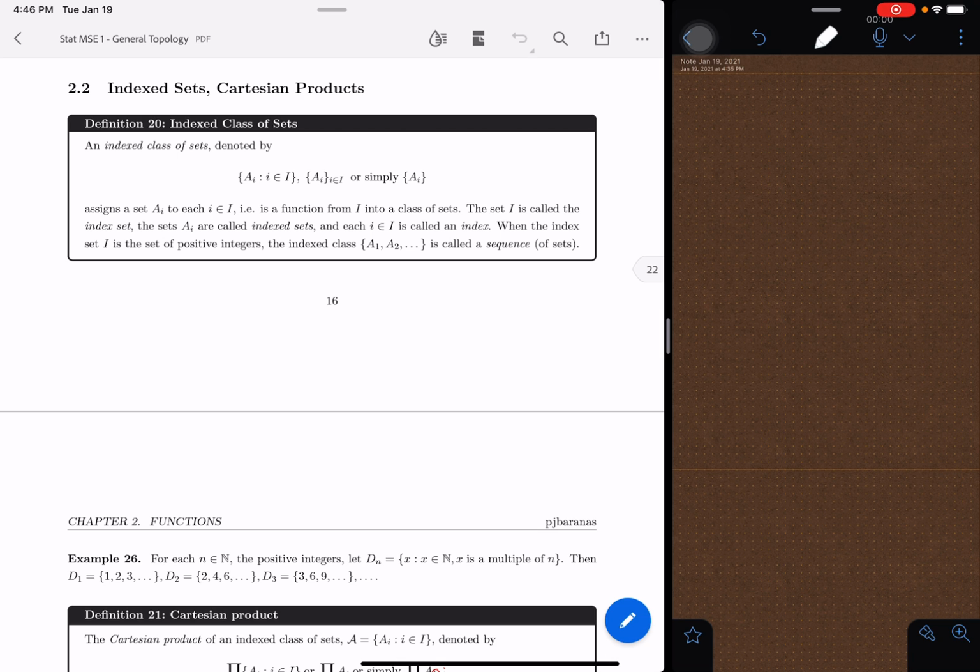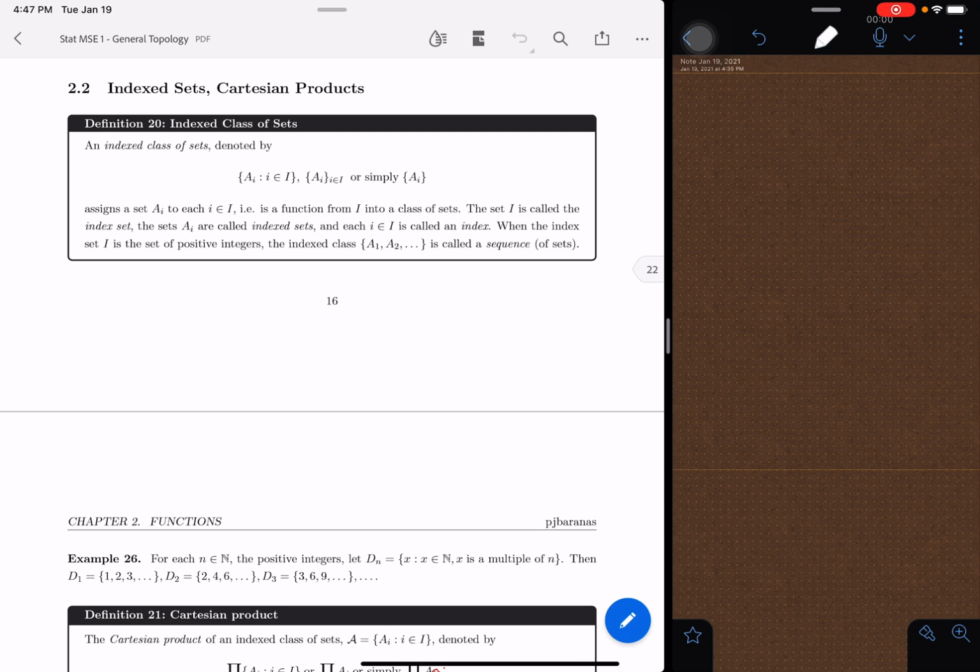Usually, if we have a class of sets or a collection of sets, and if we can count the members or elements of the sets, then we can just index the elements using the set of natural numbers.